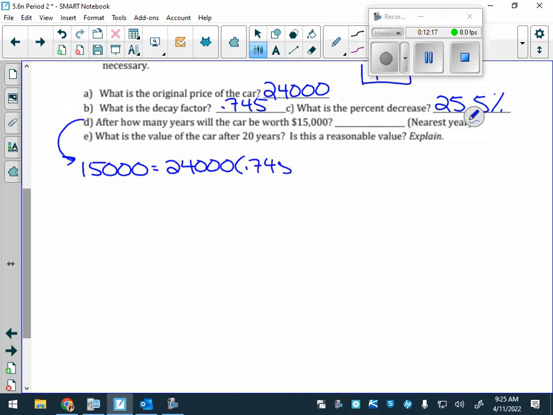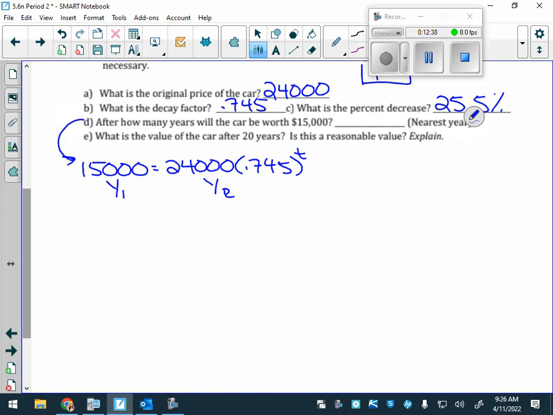Okay. 1.5, 1.6 years if you said in between 1 and 2, or rounded to the nearest year, 2 years.